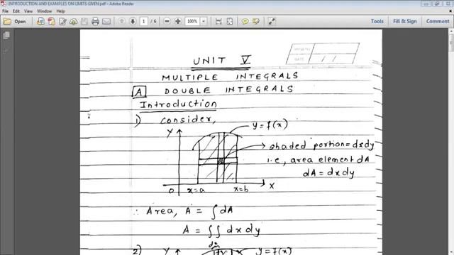The intersection of these strips is a very small area element. Call it dA. So dA will be equal to dx into dy. Therefore, the total area A is equal to the integral of dA, or the total area A is the double integral dx dy.